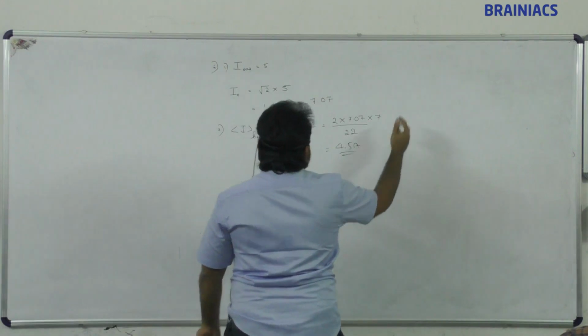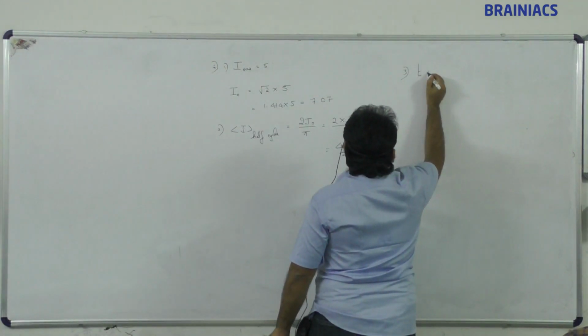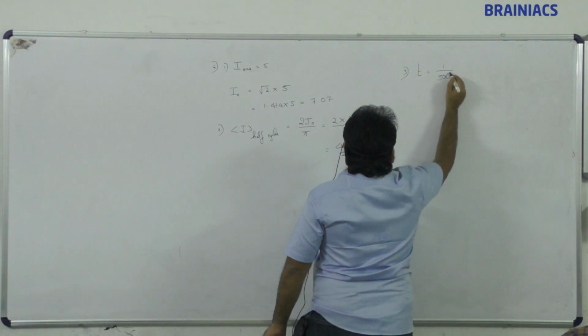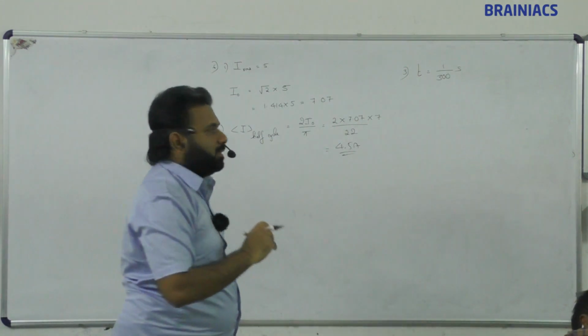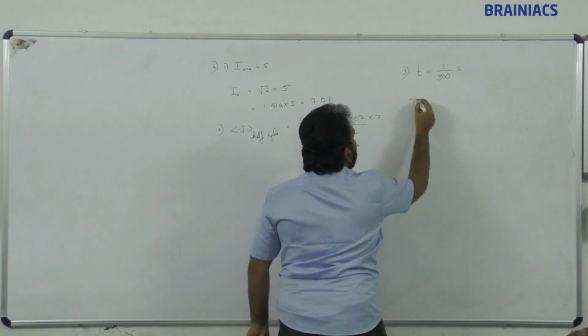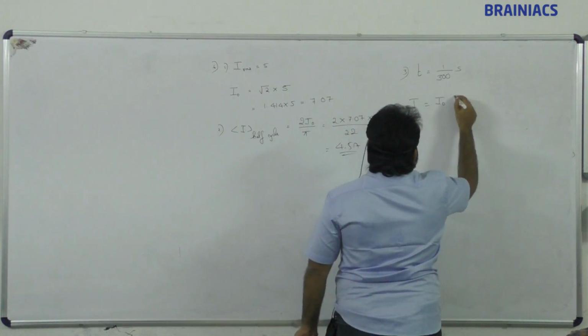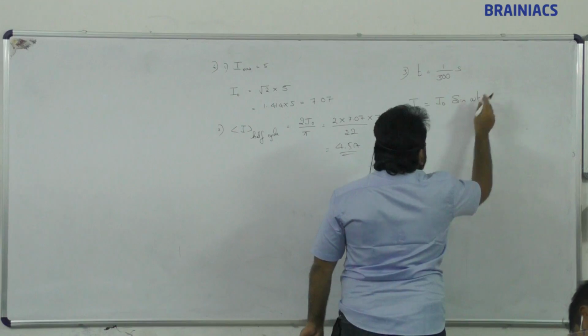The value of current in 1 by 300 seconds. So t is equal to 1 by 300 seconds. They are asking instantaneous value. So I is equal to I naught sine omega t.